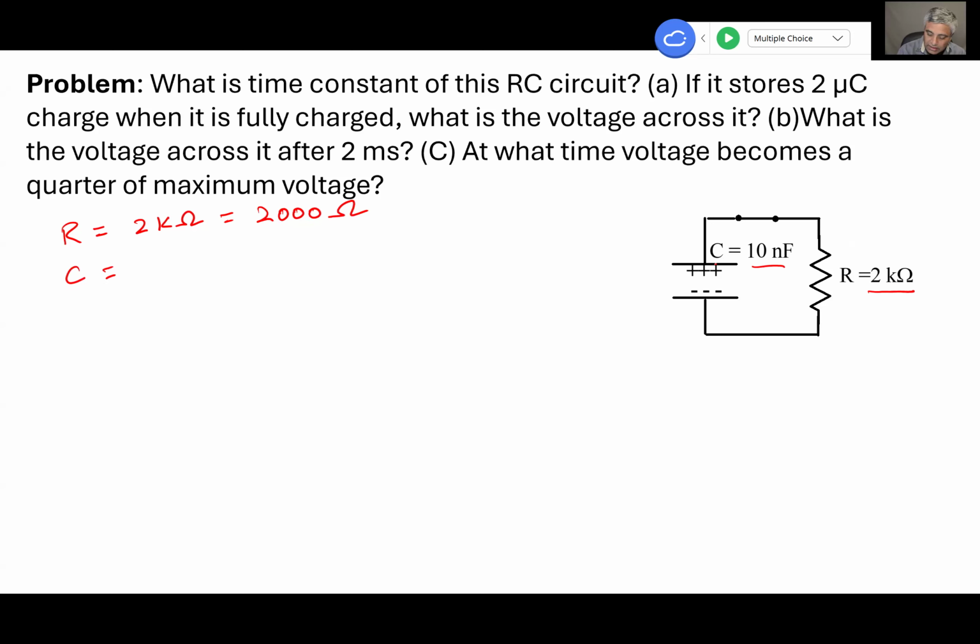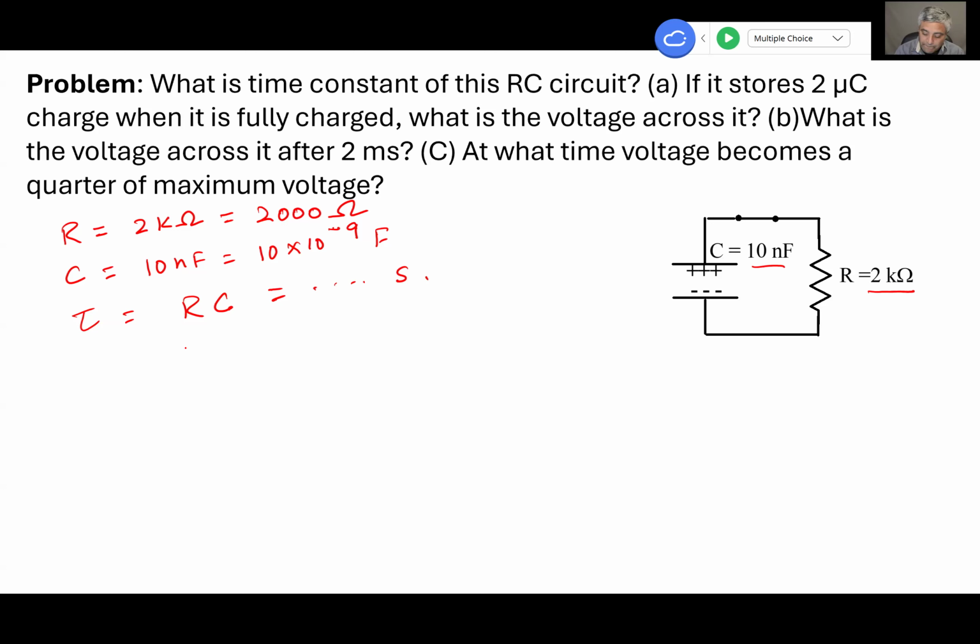And C is 10 nanofarad, which means 10 times 10 to the power negative 9 farad. So tau is going to be R times C. You just multiply them and the product is in seconds. It is a time constant. That's what we call it.